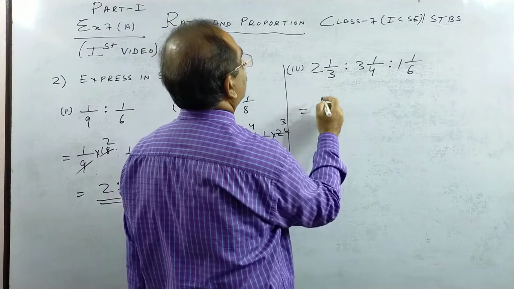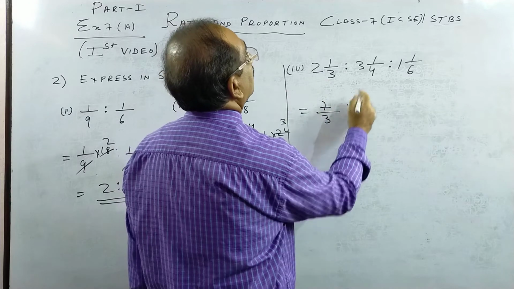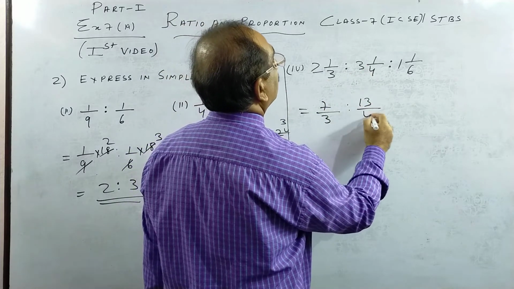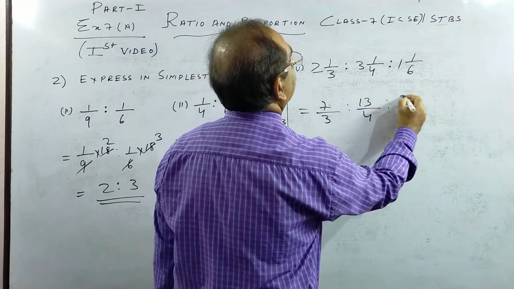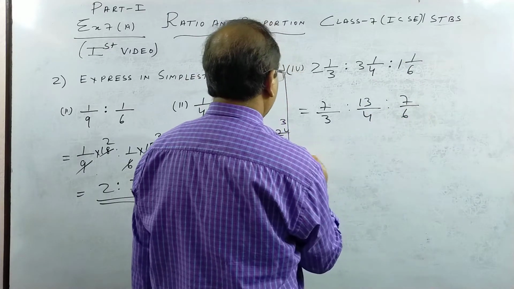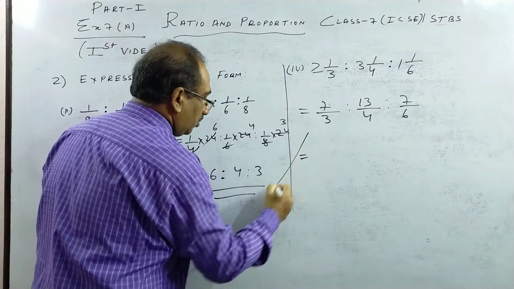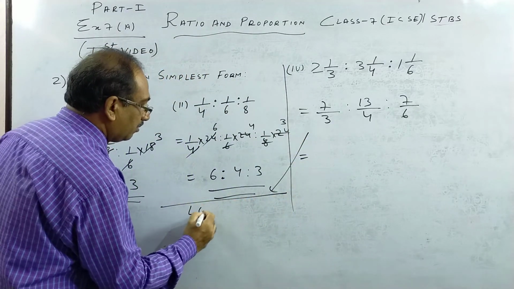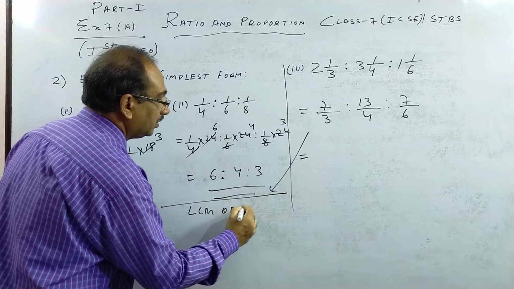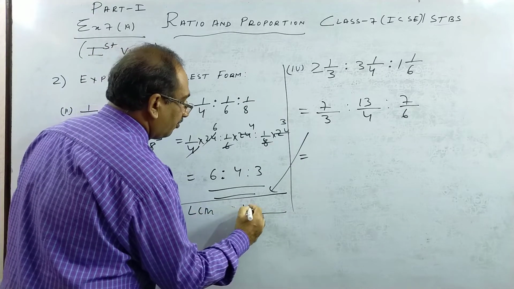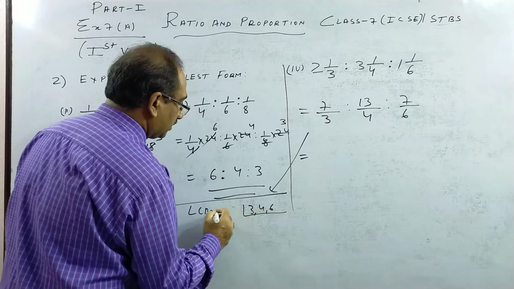So 3 2s are 6 plus 1, 7 by 3. 3 4s are 12, plus 1, 13 by 4. 6 1s are 6 plus 1, 7 by 6. Again you have to get the LCM of 3, 4, 6. So here I am doing, children, the LCM of 3, 4 and 6.